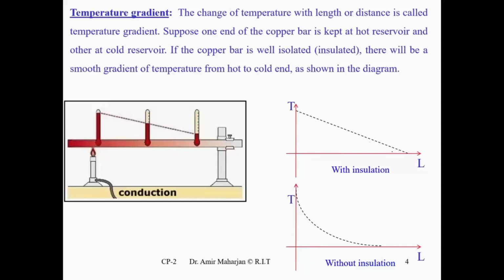But if this is not well insulated, the temperature falls exponentially with distance. So this is without insulation, and you have a non-uniform temperature gradient.